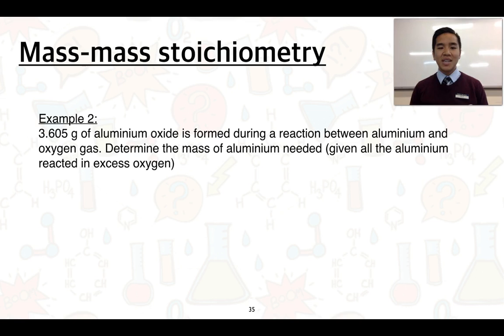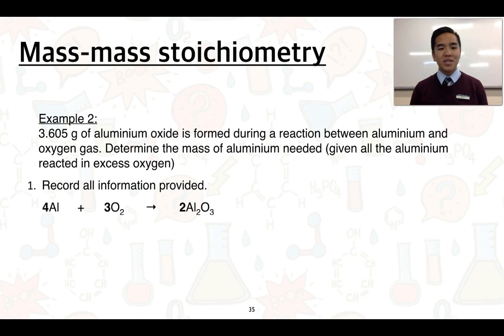We're going to go through this in exactly the same way, using the same 4 steps. So record all the information provided. We're going to start off with our balanced equation, and we can see the mole ratios of our reactants and products. And these are the coefficients at the front. So we want to work out the mass of aluminium. We have the mass of our product.